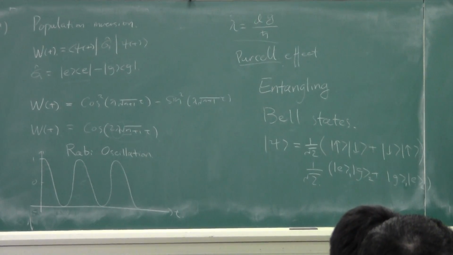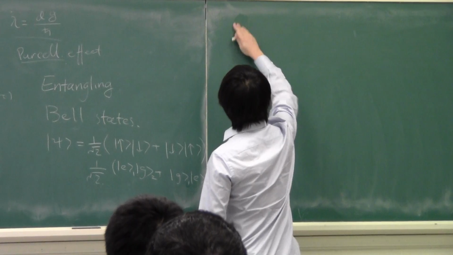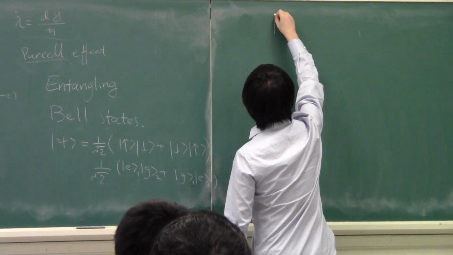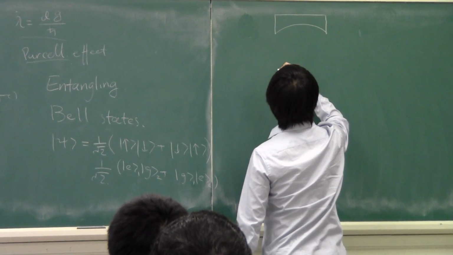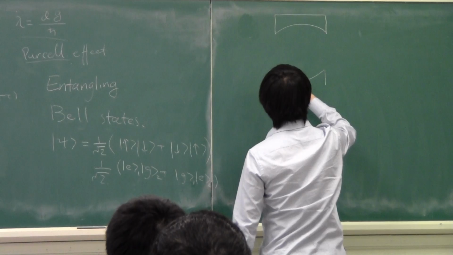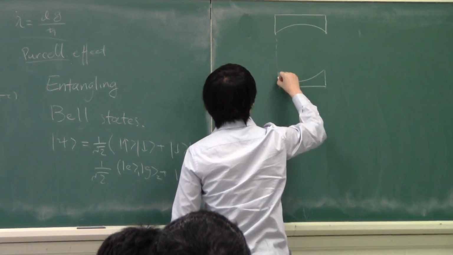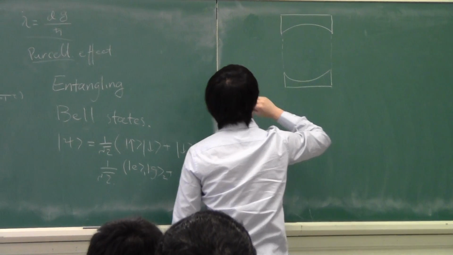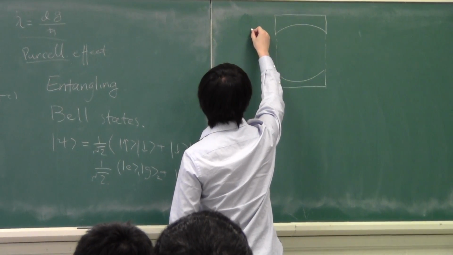For that, we're going to have this setup. We have a cavity with two mirrors, and these are the boundaries. We have two atoms.